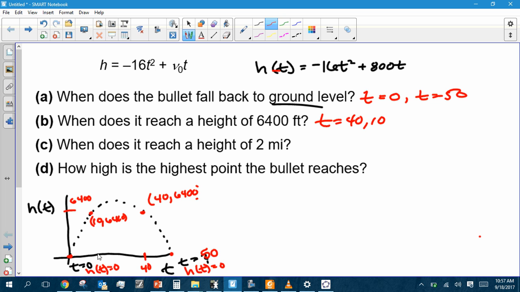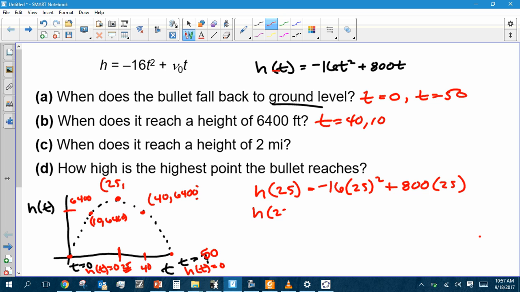If I know my x-intercepts are at 0 and 50, halfway in between, 25, I should have my maximum. So I should have my maximum here at a time of 25. Well, if that's t, shouldn't I be able to say h of 25 is equal to negative 16 times 25 squared plus 800 times 25?